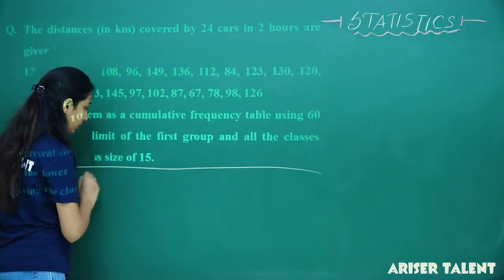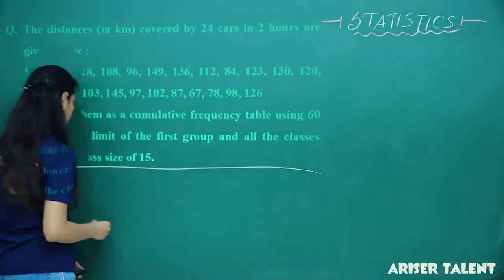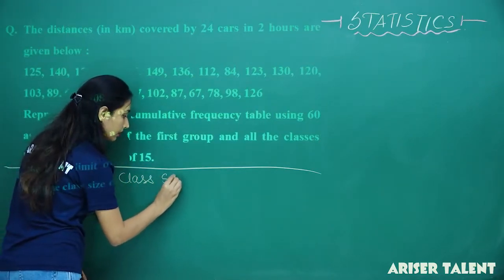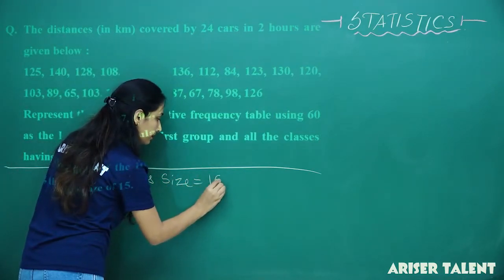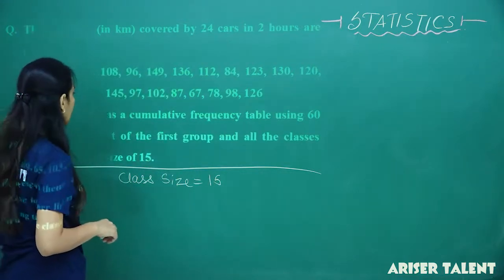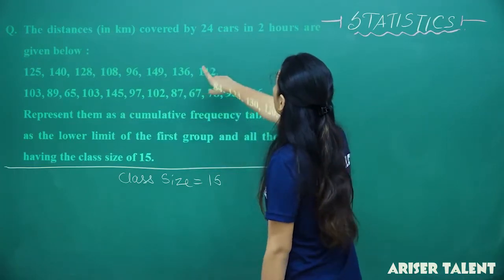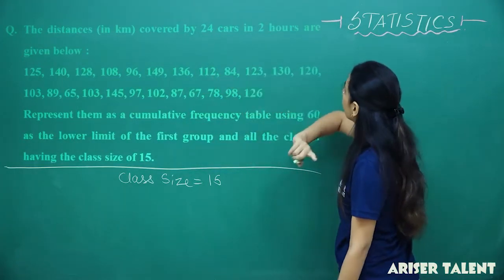Okay, so you are given the class size equals to 15 and numbers are 24.